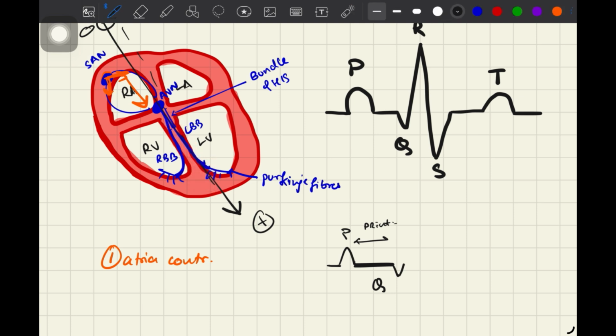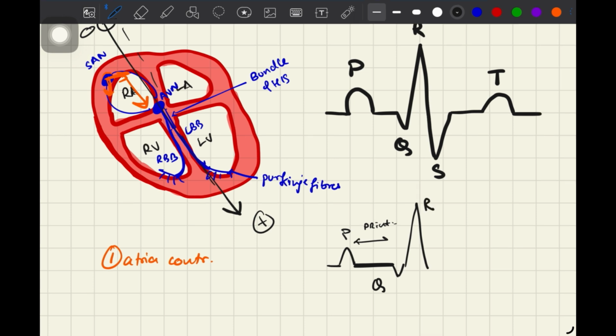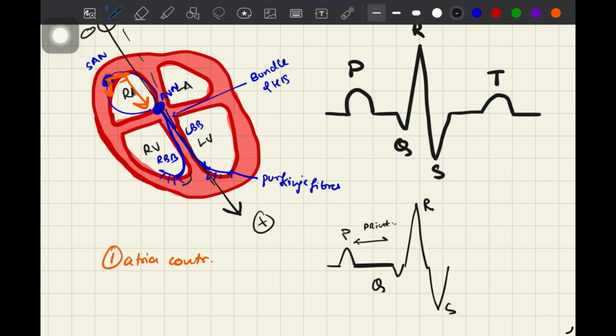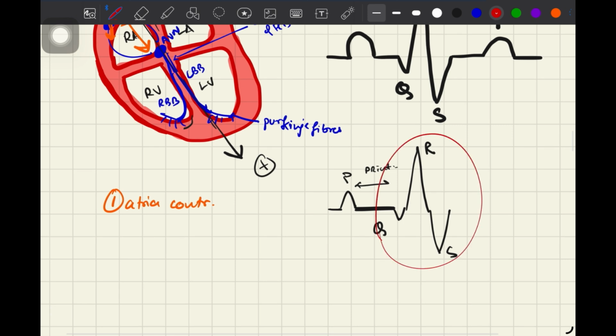So that's why there's a very strong positive R wave, right? And then the electricity comes to the tip of the heart, the apex, and then goes back like this. So this is a totally opposite direction. That's why the vector becomes negative and it is the S wave.